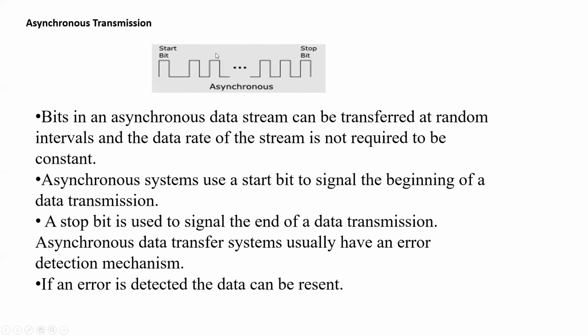Each frame begins with a start bit that enables the receiving device to adjust the timing of the transmitted signal. There is no compulsion that the data rate should be the same. We can remember with this theme that the data rate may vary.